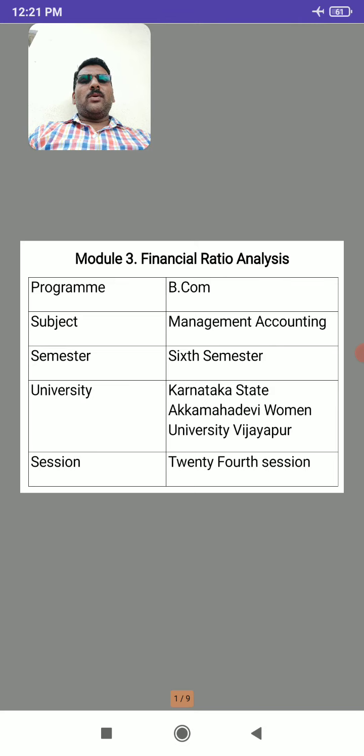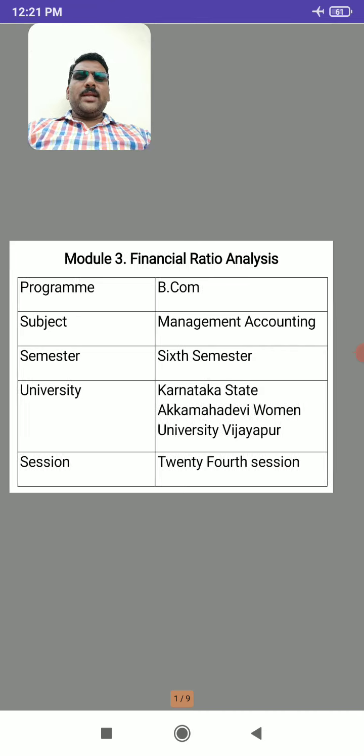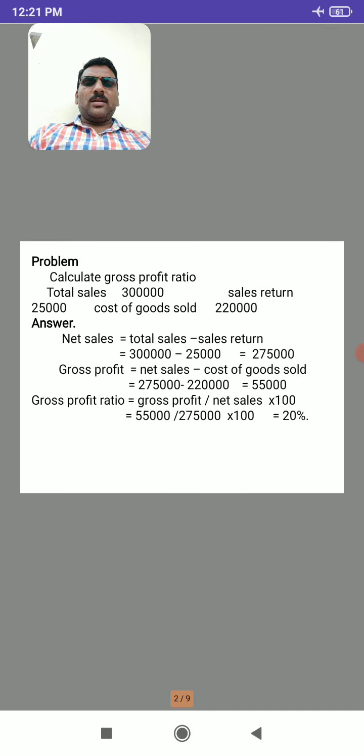We have already seen how to calculate the gross profit and net sales, and also the cost of goods sold. So now we will take one important problem, and we will see how to calculate this gross profit ratio.